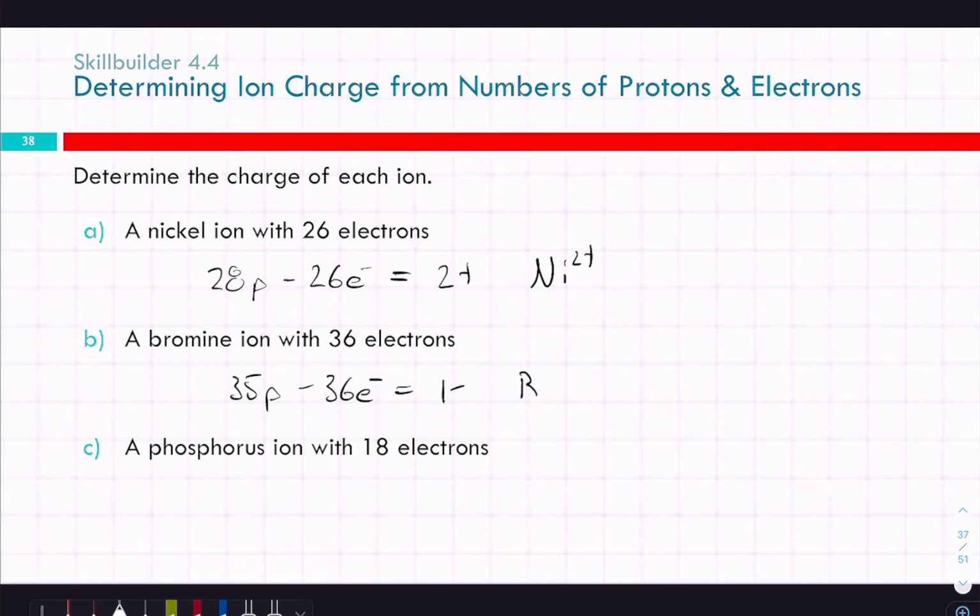So it would be Br-. Again, make sure that you're writing the symbols for elements with a capital first letter, and then if there's a second letter, it needs to be lowercase. How about phosphorus with 18 electrons?